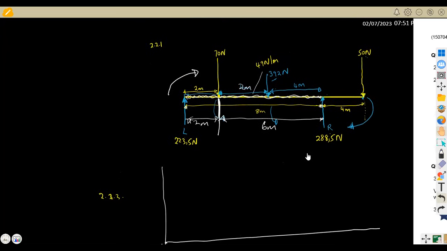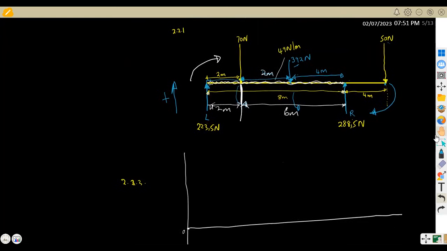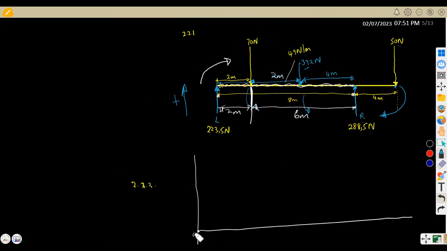From this part, I hope we can see everything. We are given L, which is a support, and a support is going up. That's a positive. Originally we are supposed to start at 0 here. So if we start at 0 Newton in this case, but there is a 223.5, which is direct at the beginning of the diagram, at the starting point, what are you going to do?